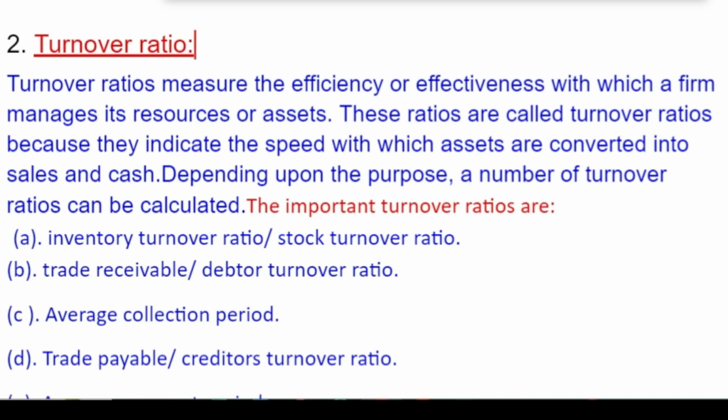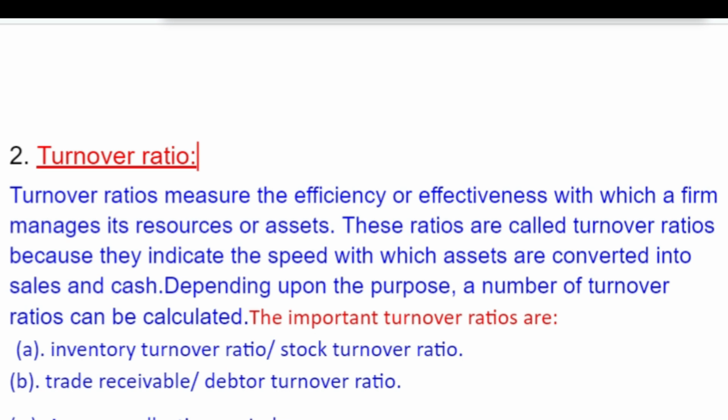It includes cash realized from debtors, cash payment to creditors, etc. Turnover ratio is one of the important accounting ratios, which is calculated to analyze the financial statements and their interpretation. Turnover ratio measures the efficiency or effectiveness with which a firm manages its resources or assets.